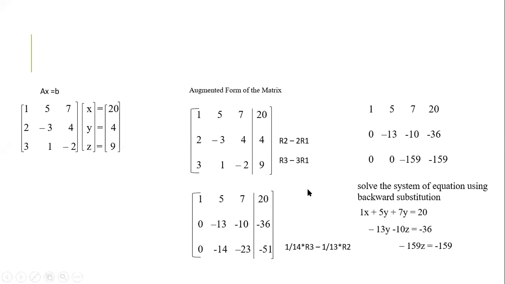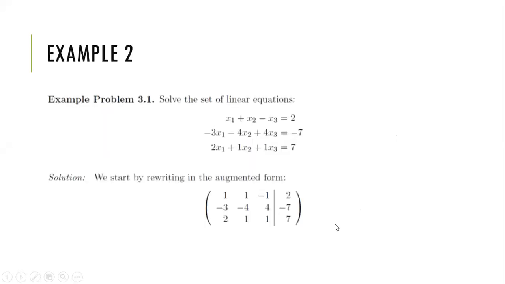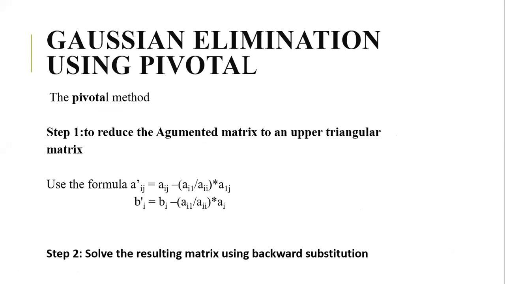So that brings us to the second method which we began with last week, which is the pivotal Gaussian elimination. Like I introduced you to the method, it is based on this formula, or equation.